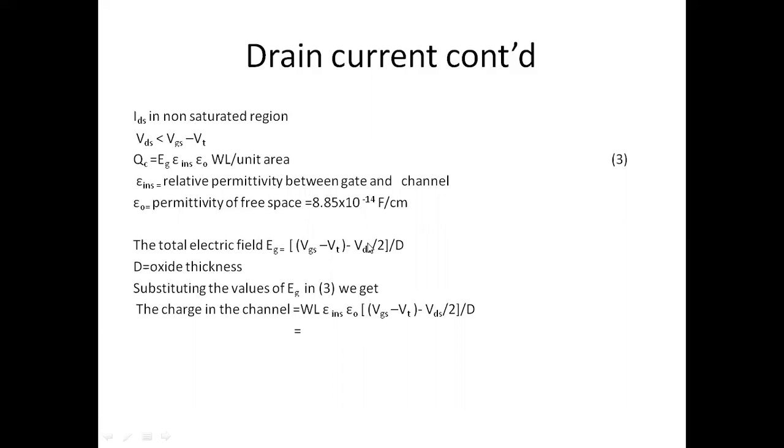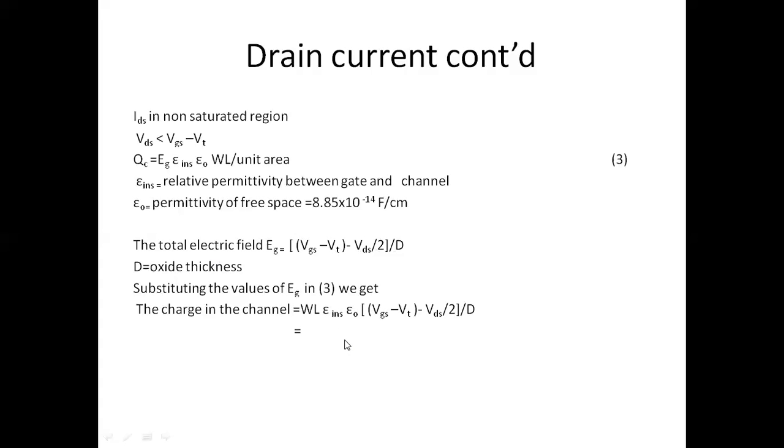This potential is due to the resistance between drain and source through which a current IDS is flowing, and it is minimum, 0, at source end and maximum, VDS, at the drain end. So average value is VDS by 2. So effective gate potential minus VDS by 2 divided by capital D gives the total electric field. Now capital D is nothing but the oxide thickness.